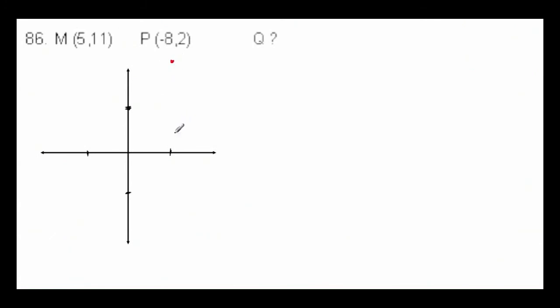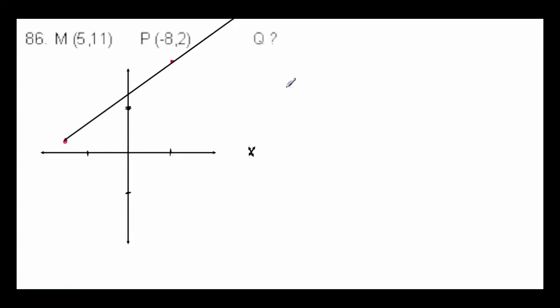I know that negative 8, 2 is somewhere right about here. So I'm going to go from here through the midpoint, and I'm going to be way up here. So you know that you're going to be probably off somewhere over here. So that's going to be negative 14, and way up here is probably going to be 17 or 18. So that gives us an idea.